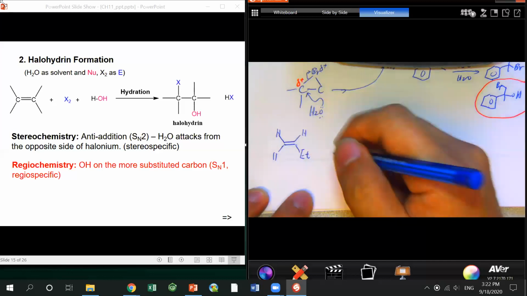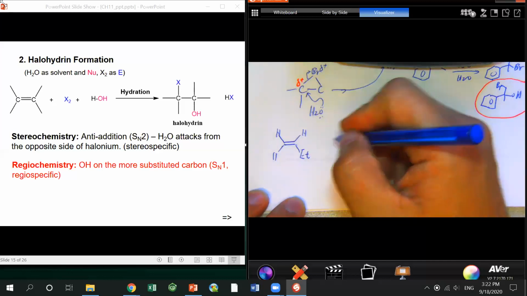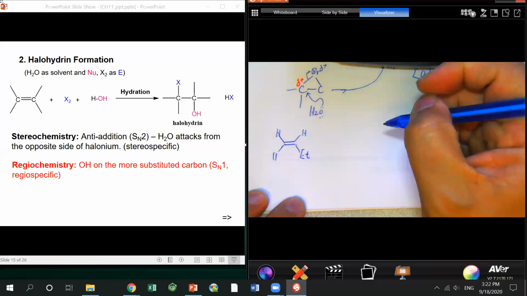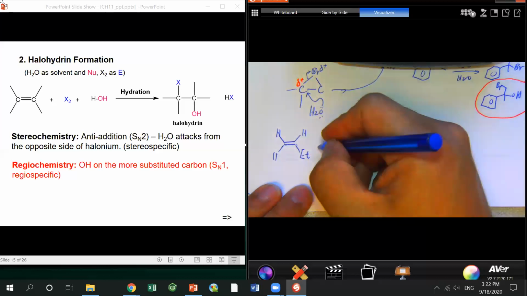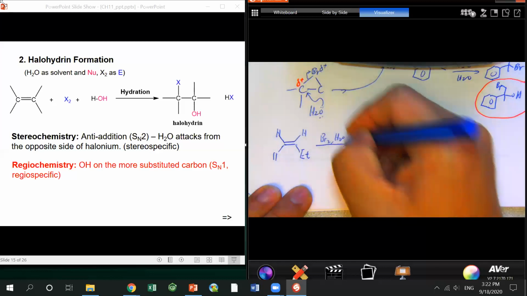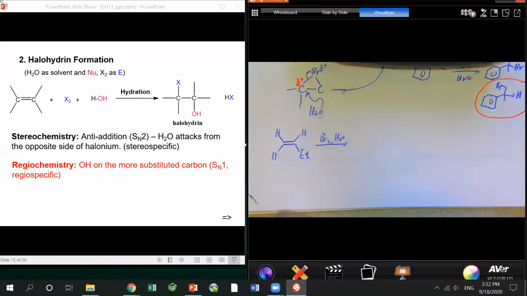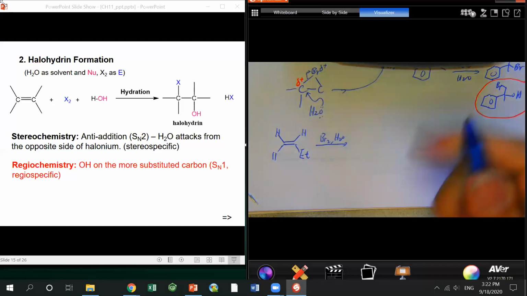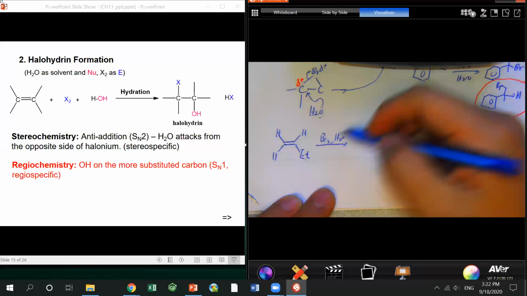We have this species, and we try to do the halohydrin reaction with Br2 and then water. So first, for this reaction, I will draw the intermediate.